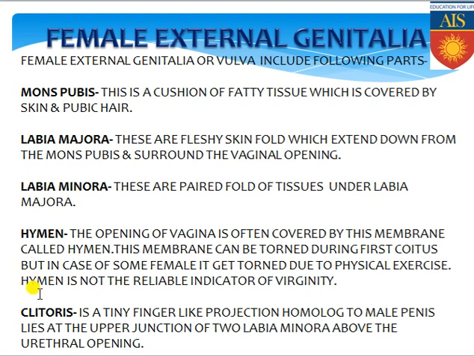And keep it in your mind, we have a superstition or belief that hymen is the symbol of virginity, but it is not a reliable indicator of virginity, because in some females who are cycling, weightlifting, or involved in various kinds of athletics, this membrane can be torn due to excessive physical exercise. So obviously they have not lost their virginity, and this is not a symbol of virginity.